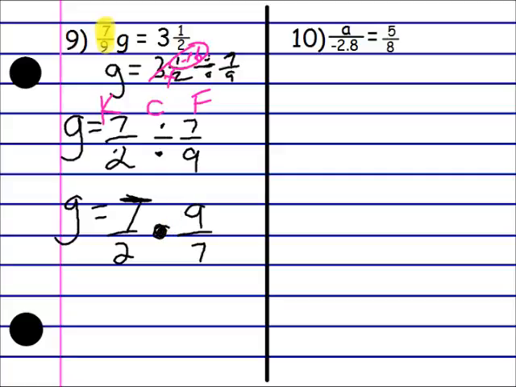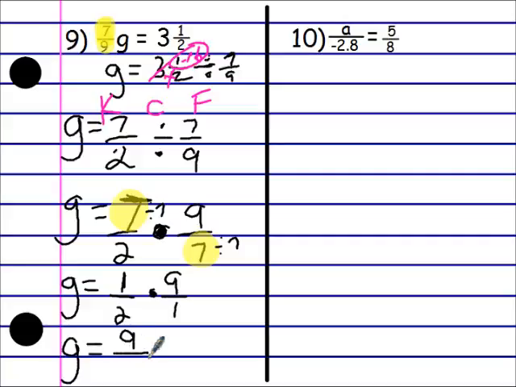Now we're ready to cross simplify once we're in multiplication mode. 7 and 7 can be simplified by 7. So G will equal 1/2 times 9/1. When we multiply top times top, we'll get 9. Bottom times bottom, we get 2. And that will give us 4.5.